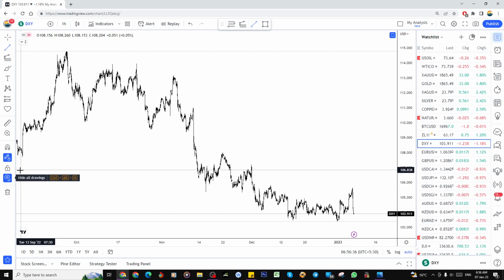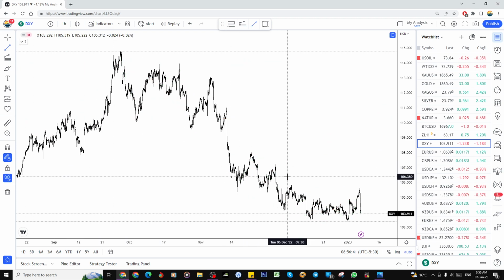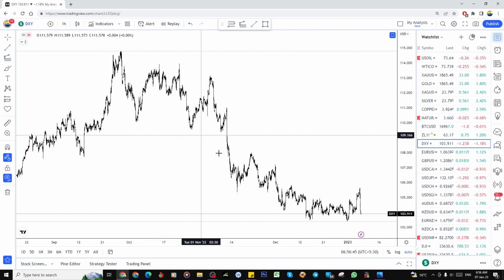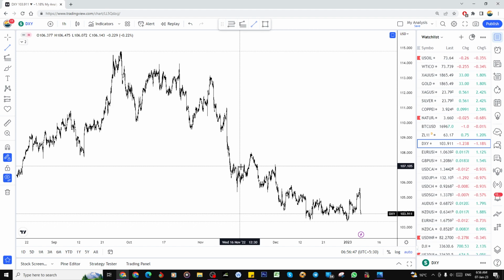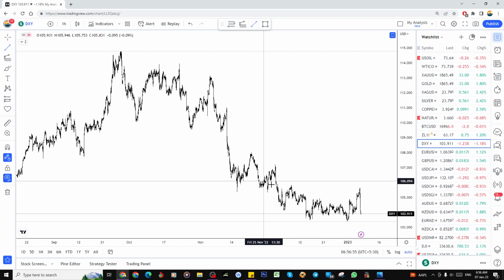See, I'll hide all these drawings, sorry for that. This is a deeper low, and later onwards it looks like a turn, creating the base, right? And this is the same thing, called the ending diagonal pattern.